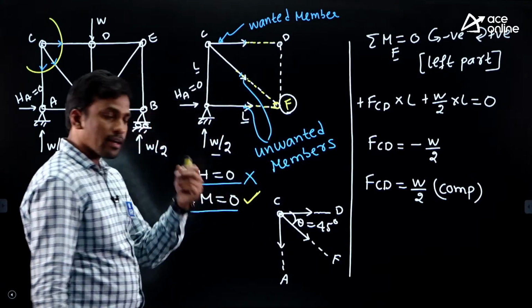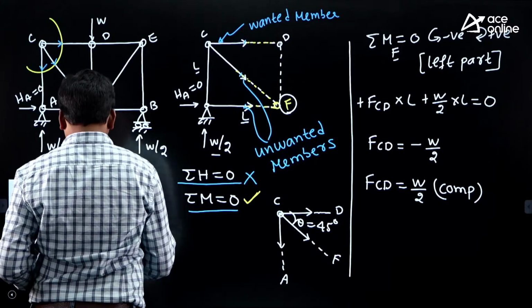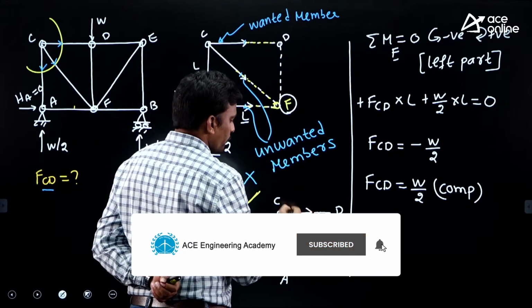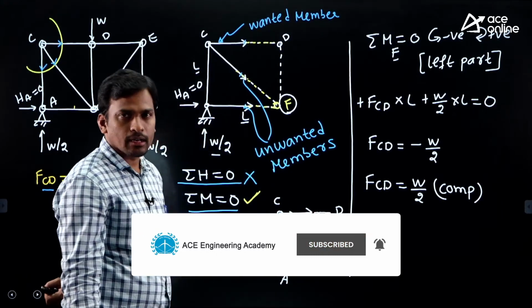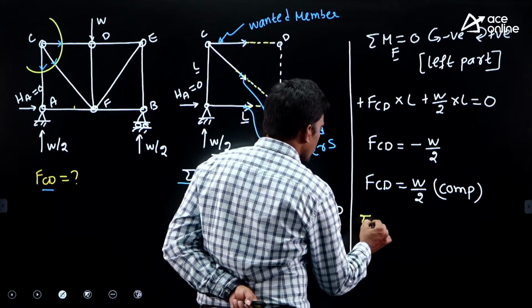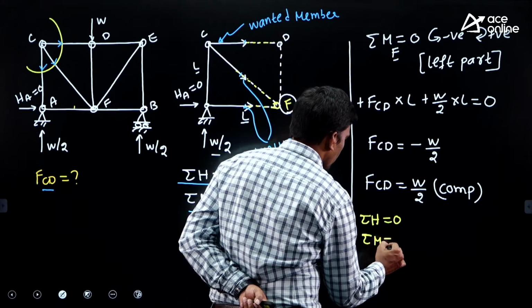Now we'll try this section. Okay, right. Students, I want to find the force in member CD, horizontal member, right? For a horizontal member, the preferable equilibrium equations are sigma H equals 0 and sigma M equals 0.